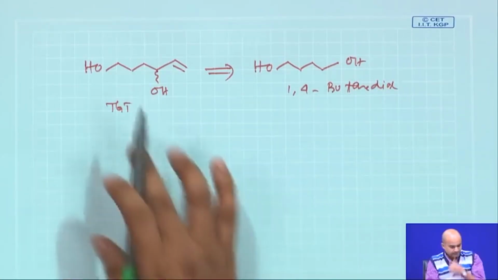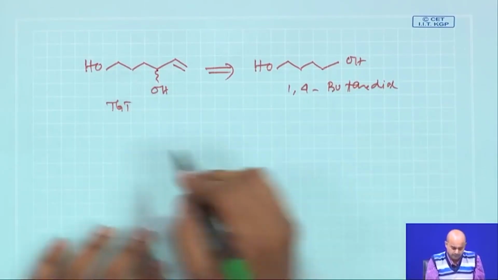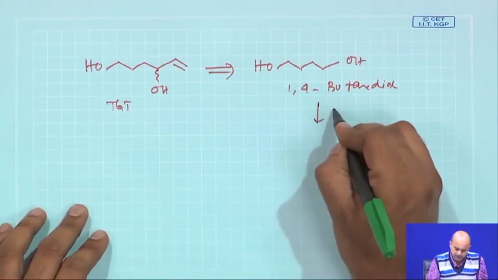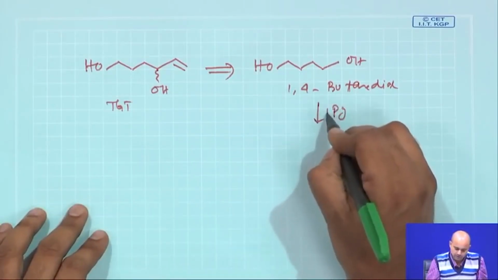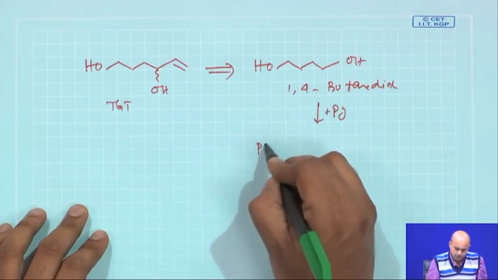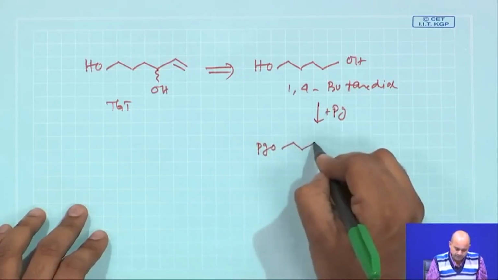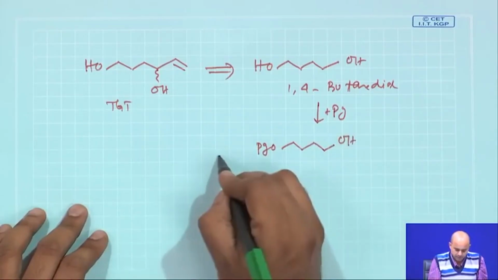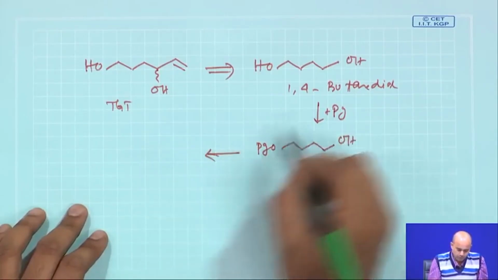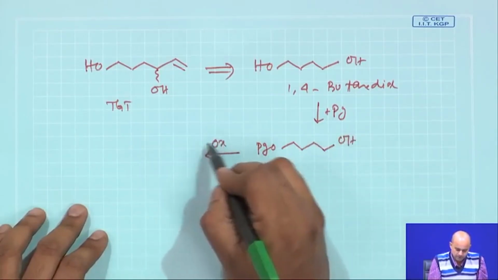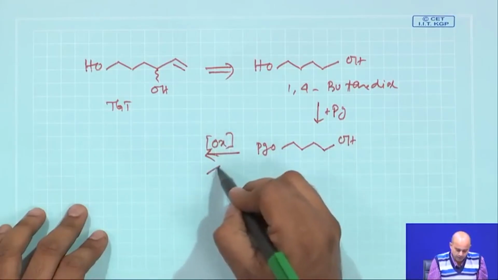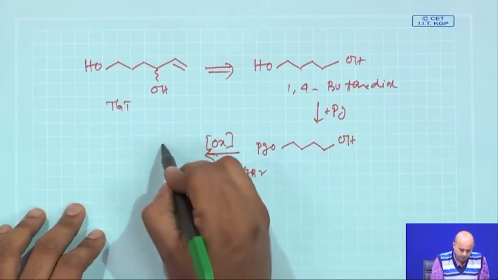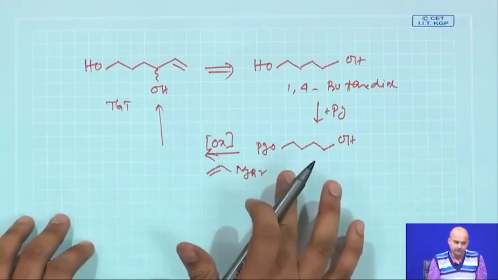This one you can simply do by a very conventional reaction. You do a monoprotection, so you will have OPG at one end and OH at the other. Then you do an oxidation and then vinyl magnesium bromide to get the target molecule. It is as simple as that.